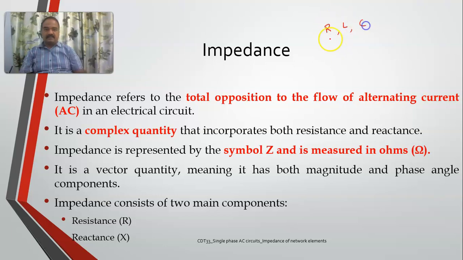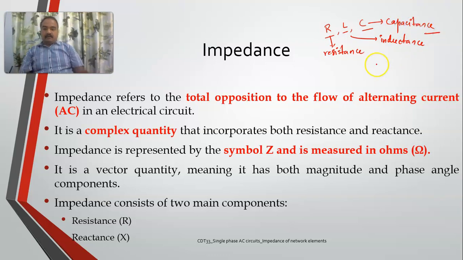We call them resistor, inductor and capacitor, or their properties: resistance, inductance and capacitance. But we confined ourselves only to resistances in the very first 2 units because we were dealing only with DC circuits.